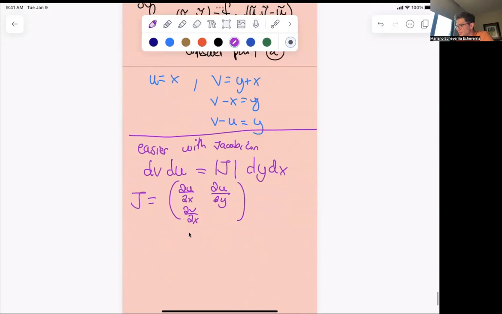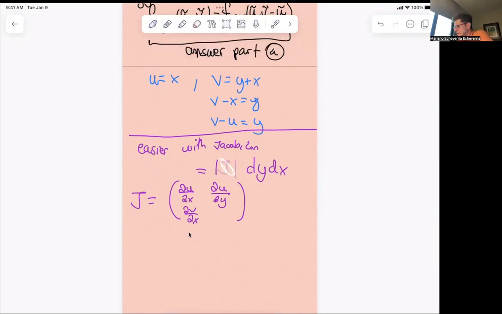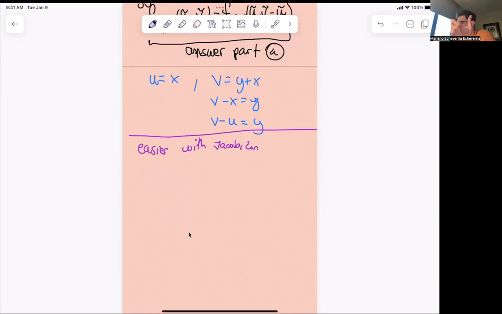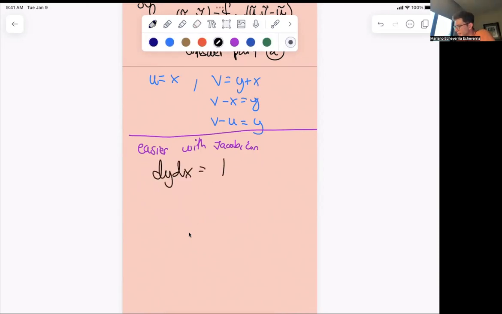We can work it out in a specific case. The usual way to write it is that one is the inverse of the other. That's why you can get confused. You can write it as dy dx equals the absolute value of the Jacobian times dv du. Okay, that is better.